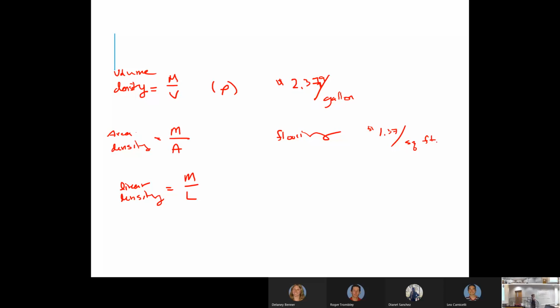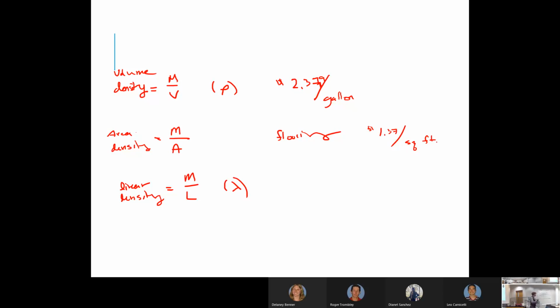So why am I going into this? I forgot my Greek letters. Usually in physics, rho represents a volume density, a mass per unit volume, or something per unit volume. Linear density would be lambda, something per unit length.